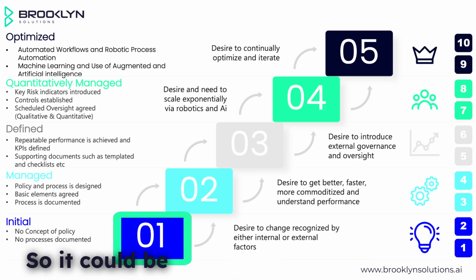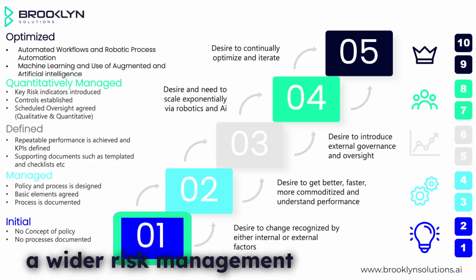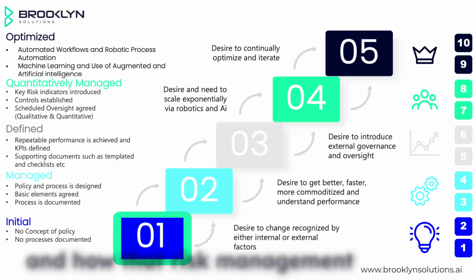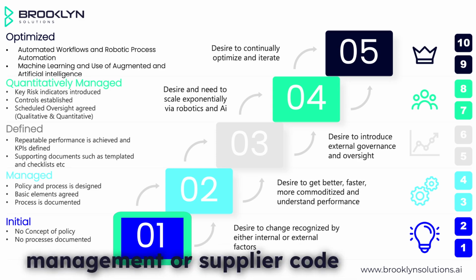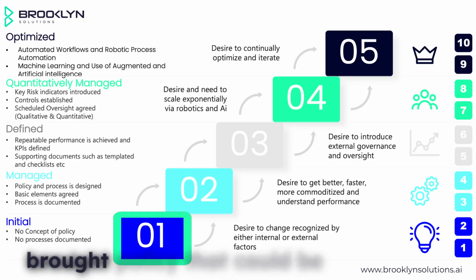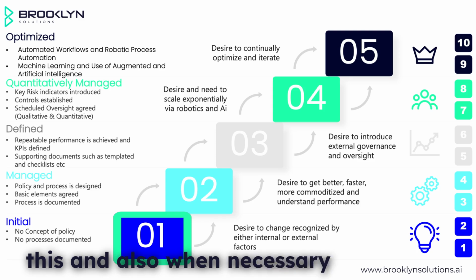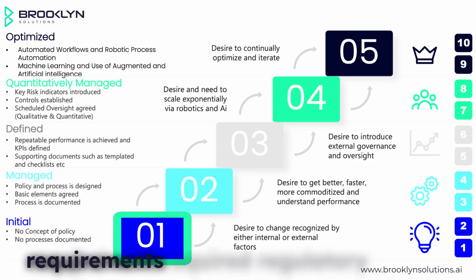It could be an overarching risk management policy and how that relates to third parties in the supply chain, or a supplier management or supplier code of conduct policy, brought together and, where necessary, merged with the required regulatory requirements.